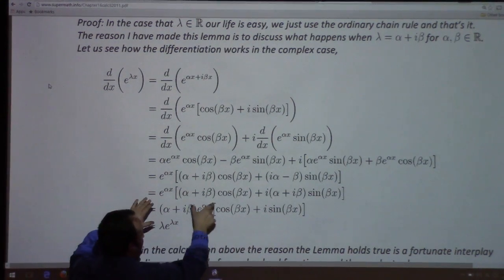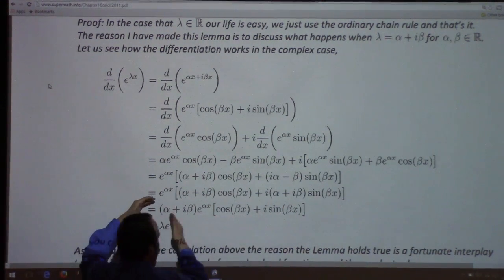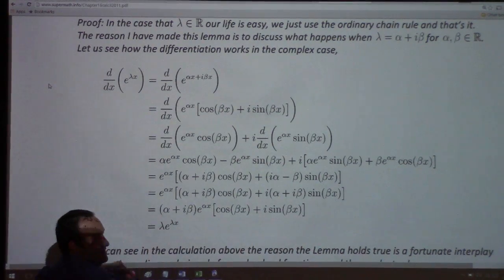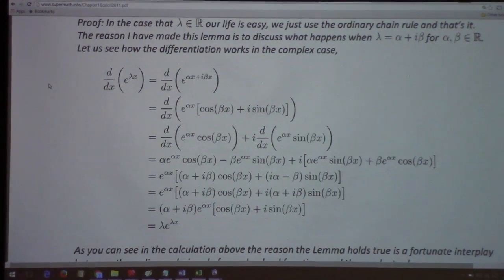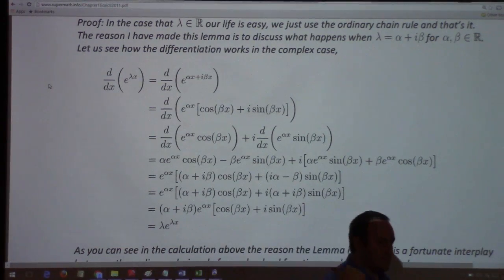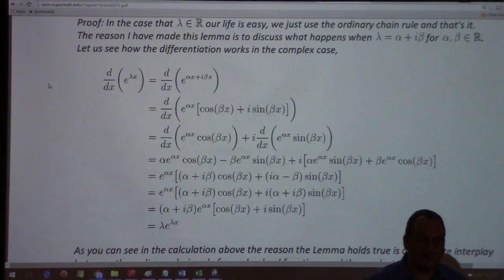But then you can factor out alpha plus i beta on both, and then you have this. But this is exactly e to the lambda x again. So it's a combination of the product rule and the chain rule applied to products of sines and exponentials. It's all in there, but it's true. So we can use it. So the derivation I showed you last time still works, which means we have two solutions.